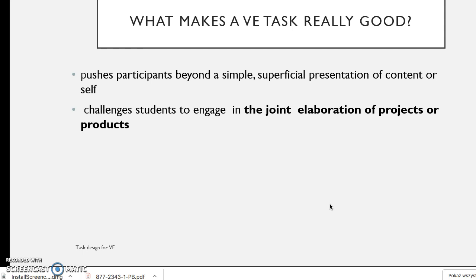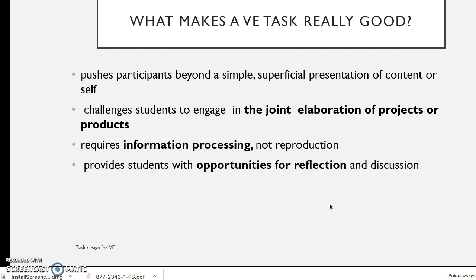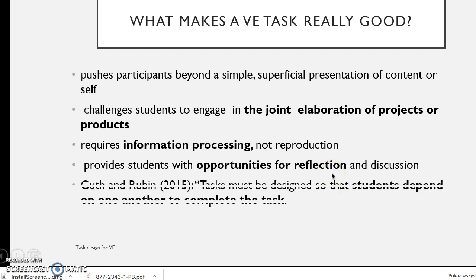We make the students work together online to make them experience collaboration, not individual work. Also, such a task should require information processing and not mere reproduction of content. It should provide students with opportunities for reflection and discussion, and, following Garth and Rubin, they must be designed in such a way that students depend on one another to complete the task.